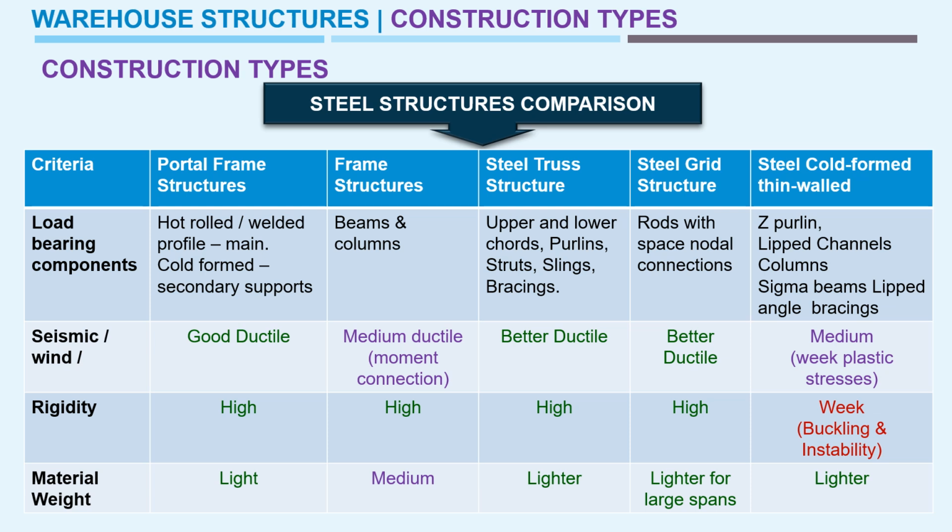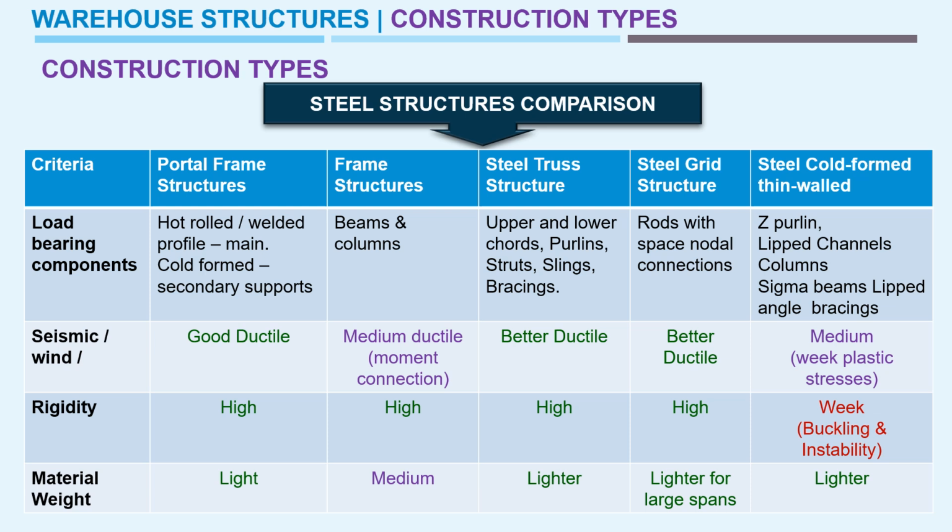The upper and lower chords hold the tension and compression formed due to the wind, purlins hold the roof sheeting, and bracings are diagonals which transfer the loads to the main chord. So these are the parameters used in load-bearing components in steel truss structures.